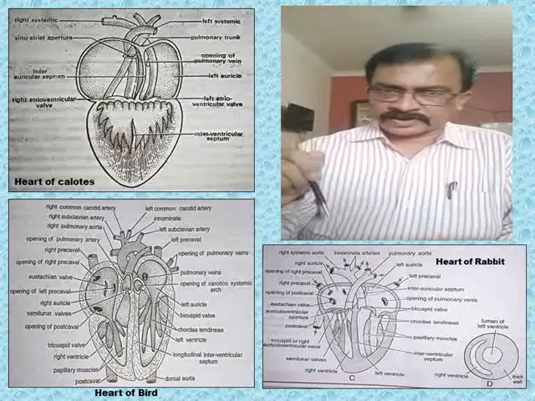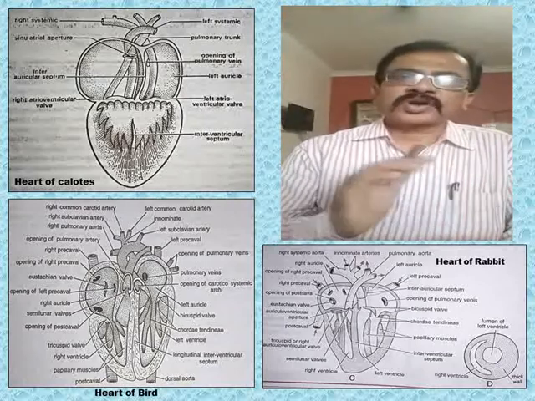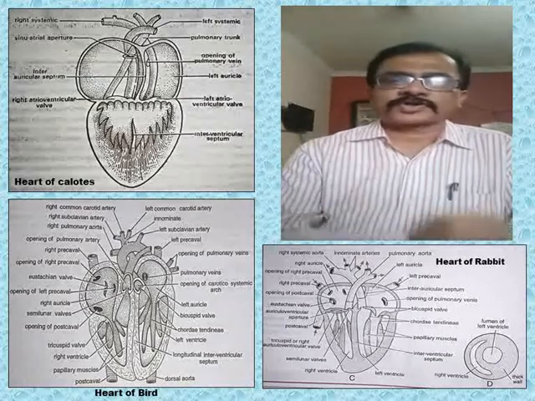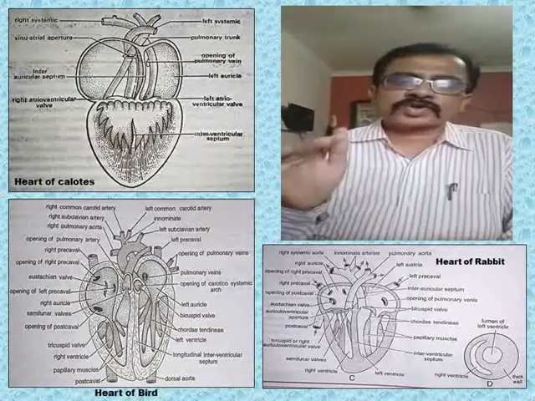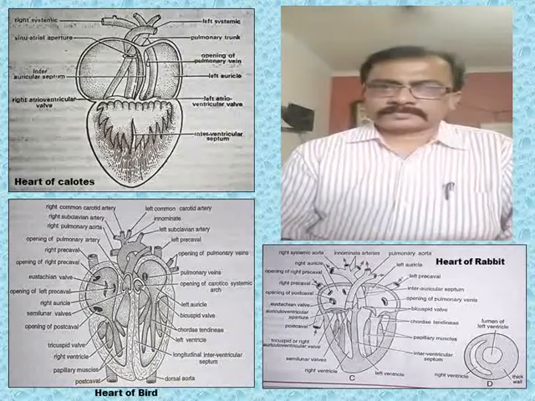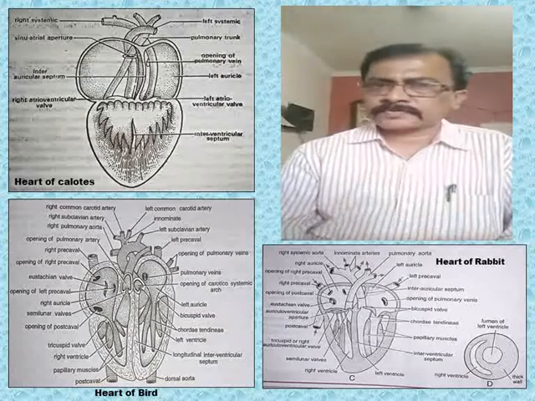Right into right ventricle, left into left ventricle, through right and left auriculoventricular apertures, which are guarded by muscular strong flap like valves respectively in both cases.